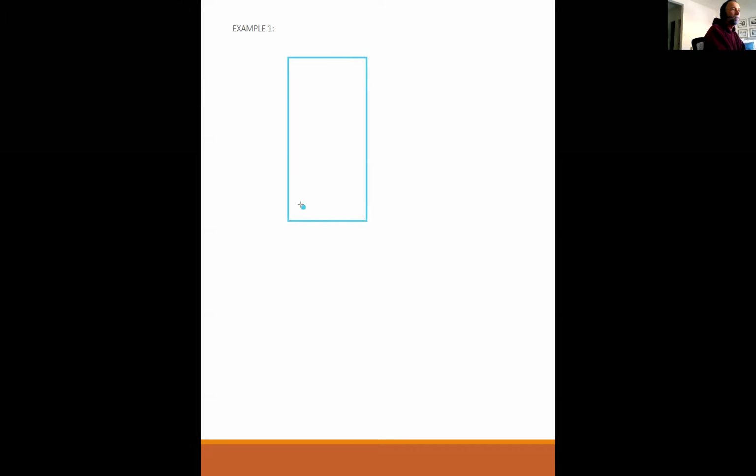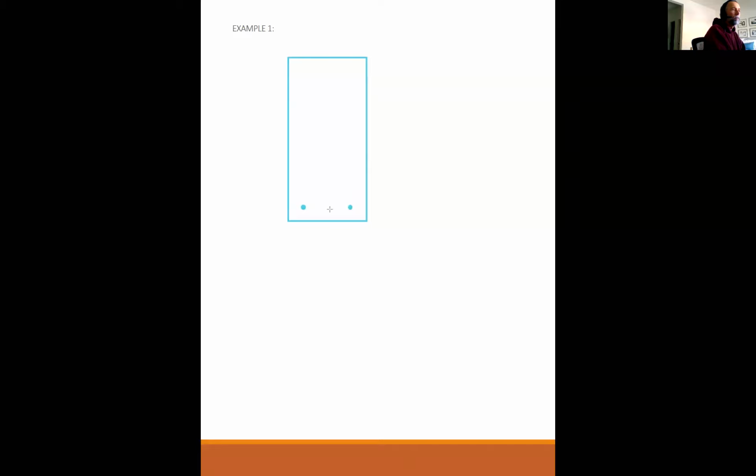The question revolves around if this is a beam and say that I have steel. I'm going to really exaggerate this.